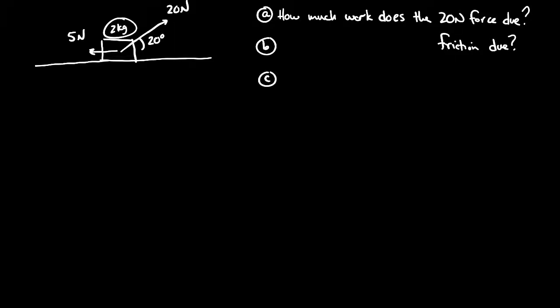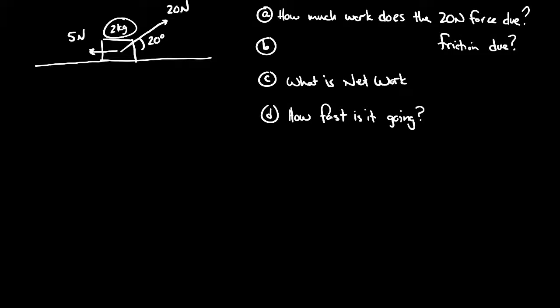Question C. What is the net work? Question D. How fast is it going? Assume the box starts from rest and is moved 10 meters along the ground under the action of these 2 forces.